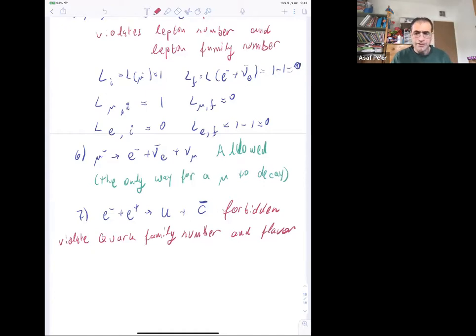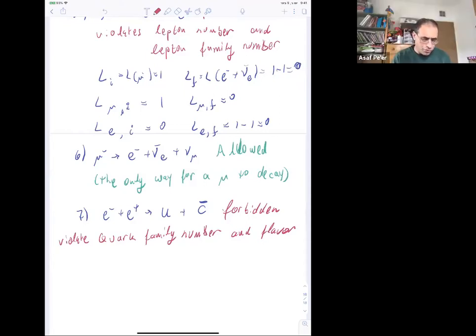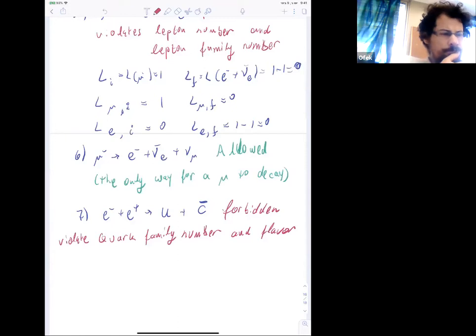You start from an electromagnetically neutral initial state, right? The total charge initially is 0. And you end up with another electromagnetically neutral state, like the up and anti-charm quark, right? And you cannot do that mediated by an electrically charged W plus-minus boson.